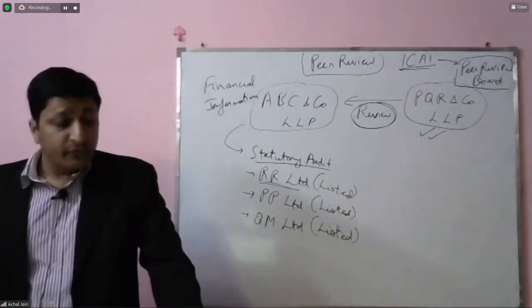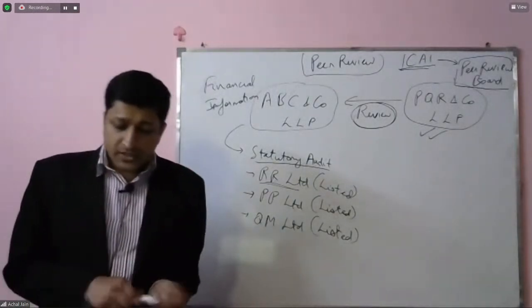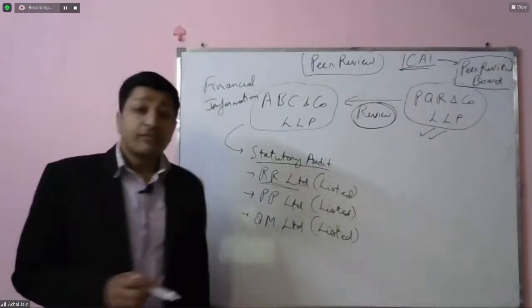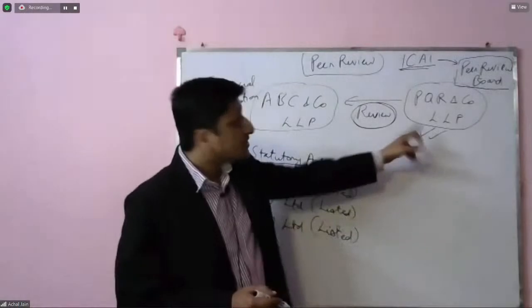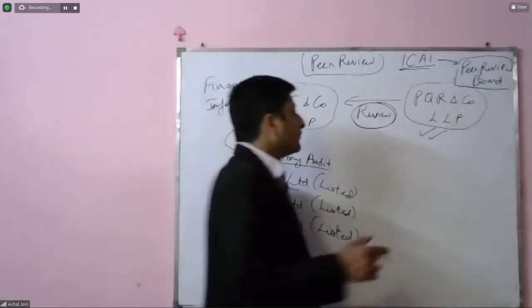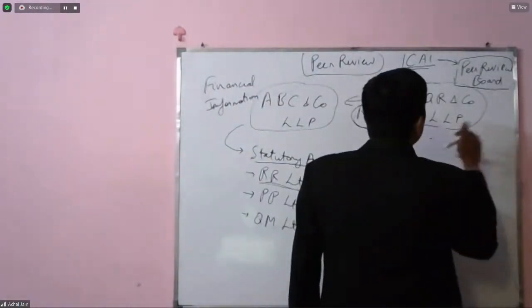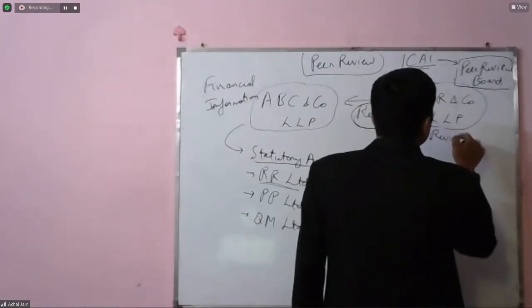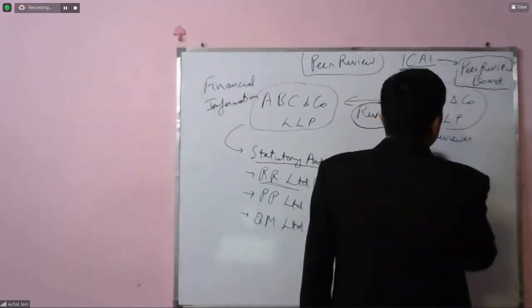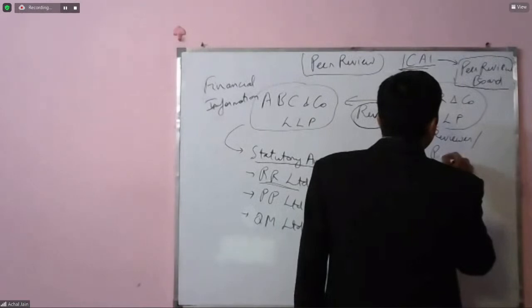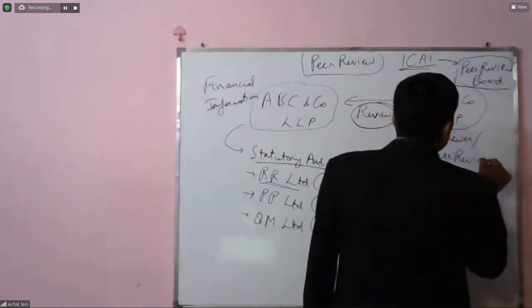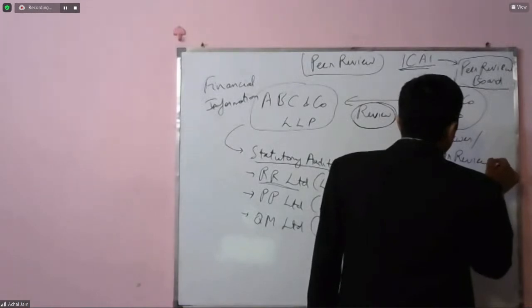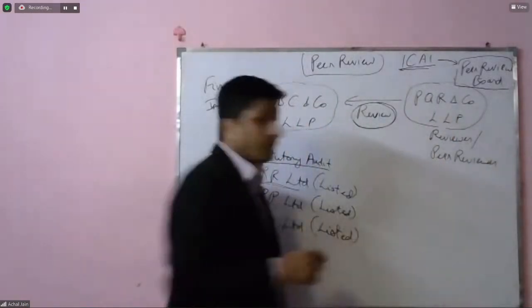Now, there are a few terms that we are going to discuss very frequently. One is the peer review board. Second is this firm. This firm we will now start calling the reviewer, or peer reviewer. Any of the terms we may assign to this.